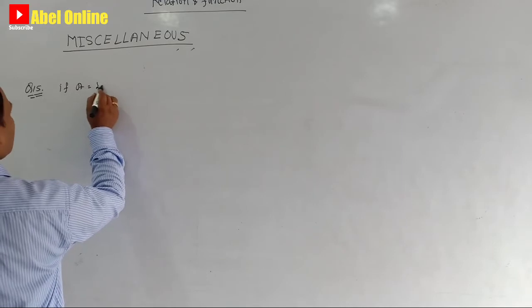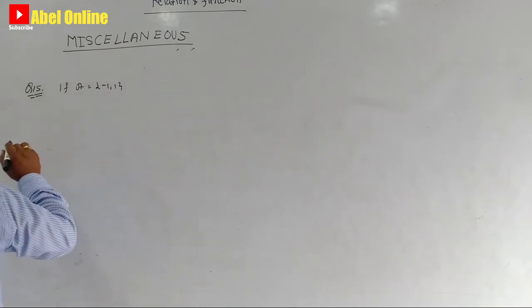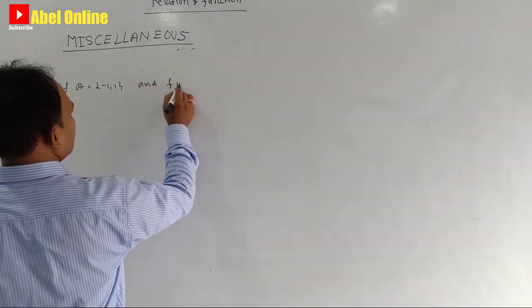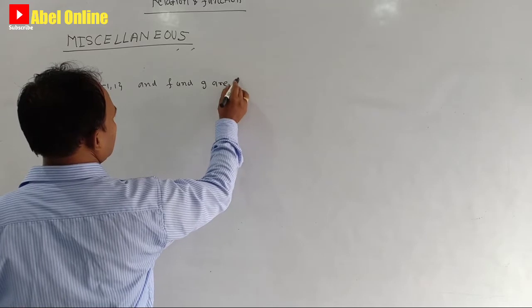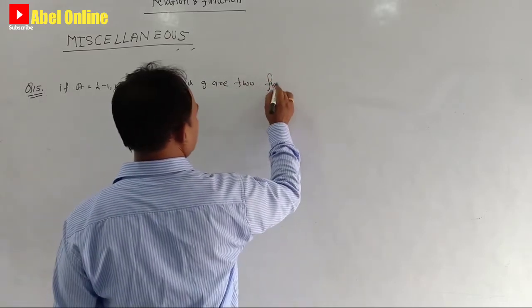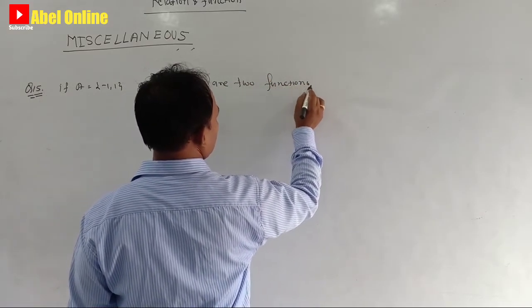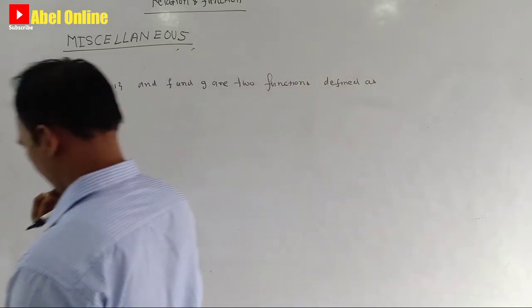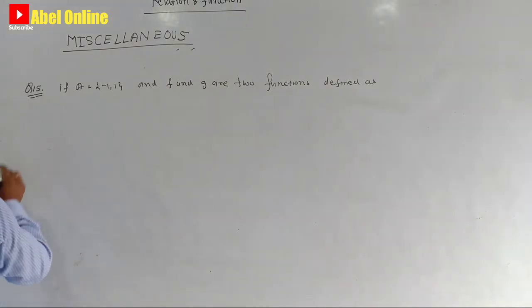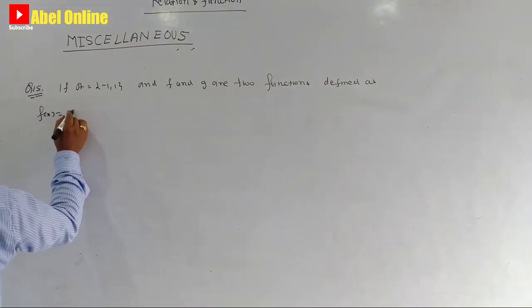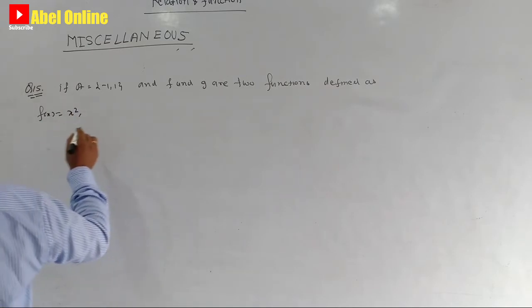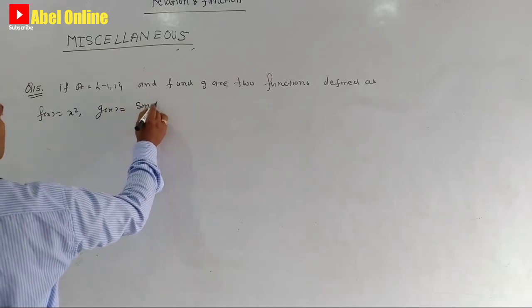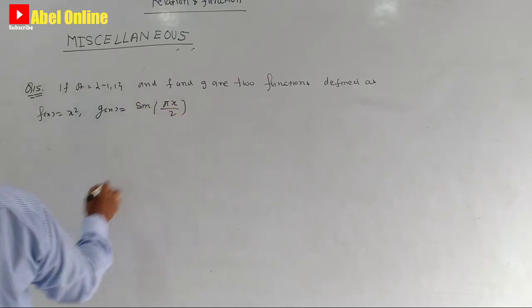Okay, the domain is minus 1 to 1, and f and g are two functions defined as f(x) equals x square and g(x) equals sin pi x by 2.